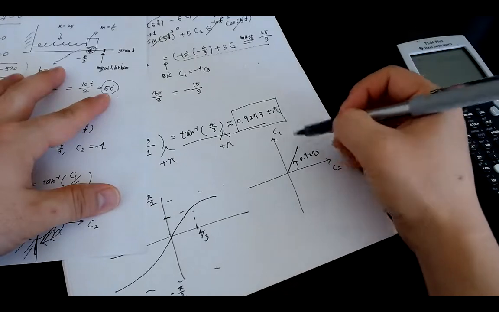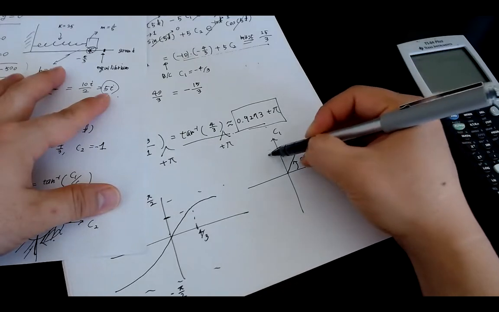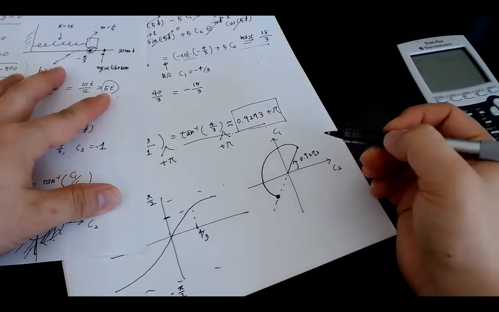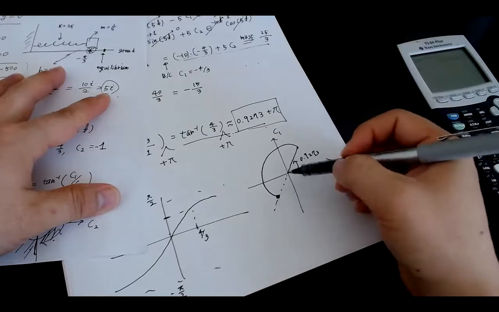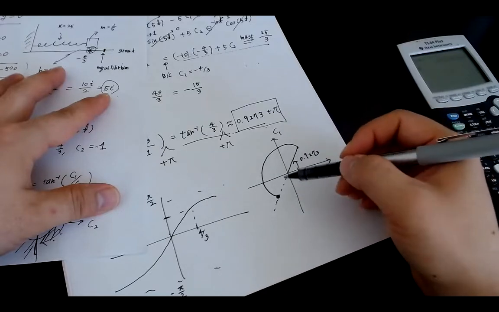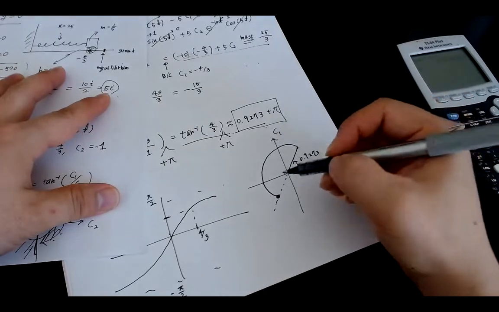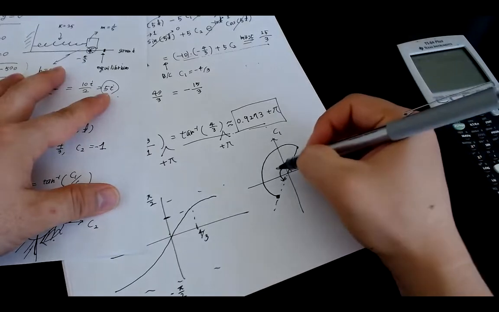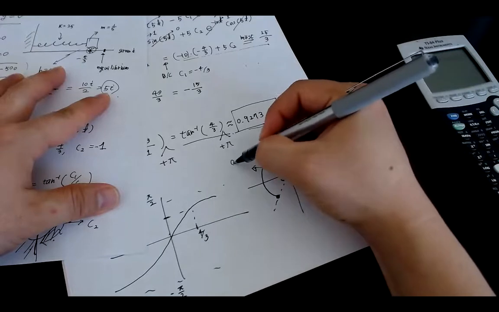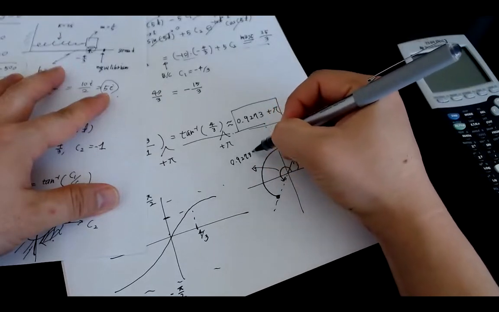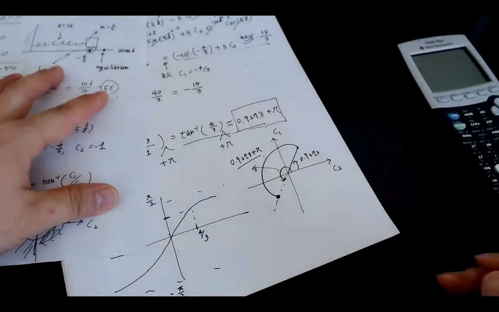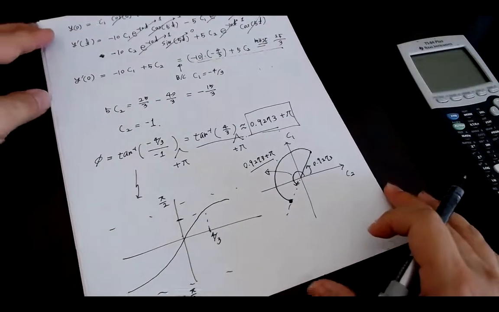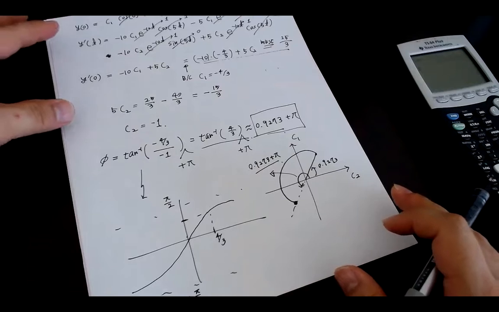If we just add pi, then we get the angle which is the skew symmetric to that point, right? So that angle must be 0.9273 plus pi.